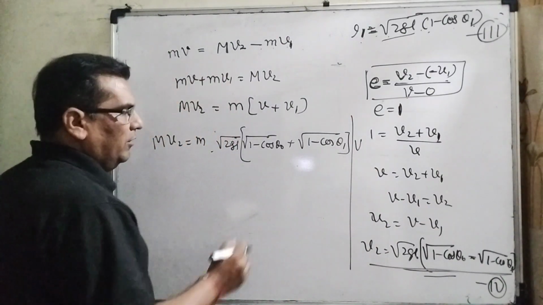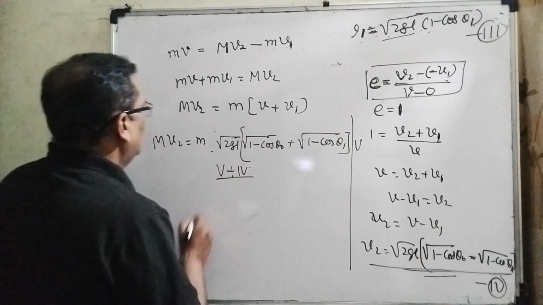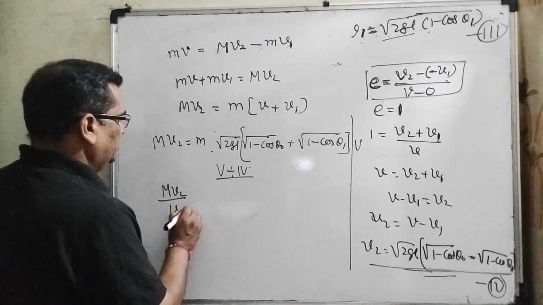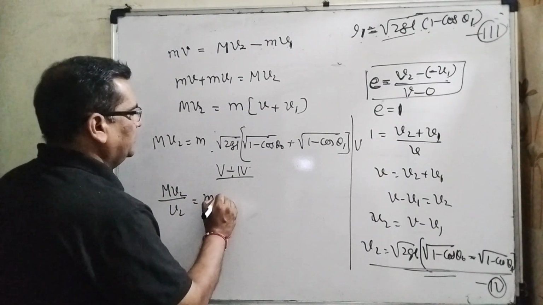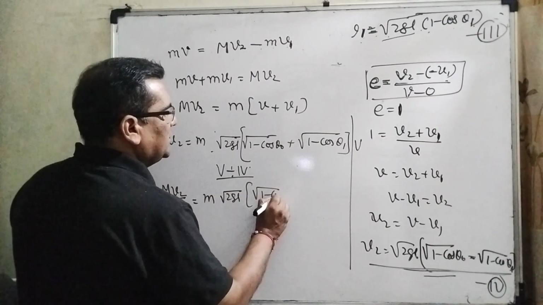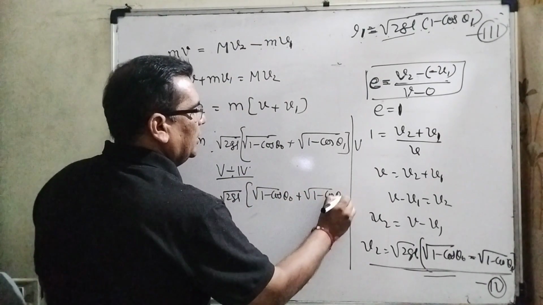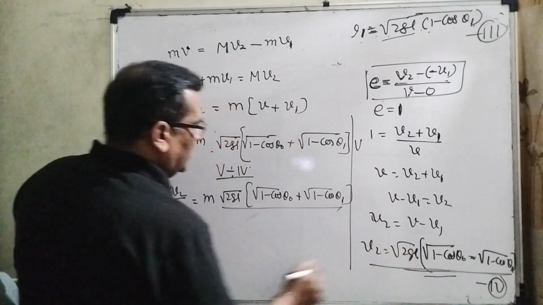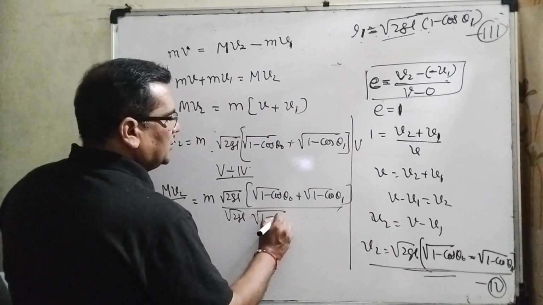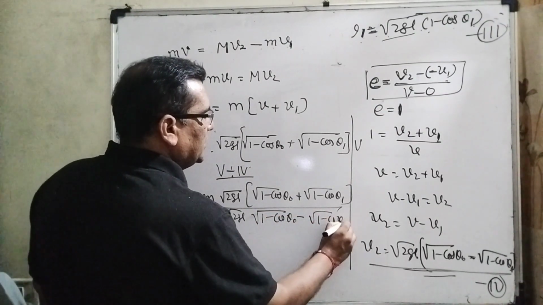So now lastly we divide the 5th equation by the 4th. Capital M v2 upon v2 equals m into root 2gL into root of 1 minus cos theta naught plus root of 1 minus cos theta 1, upon root 2gL into root of 1 minus cos theta naught minus root of 1 minus cos theta 1.